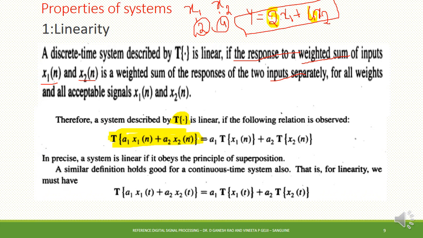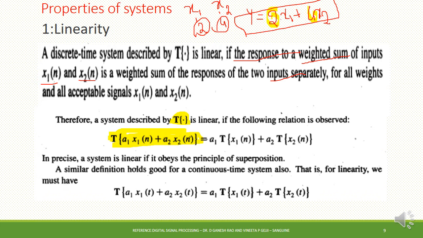For satisfying the linear property, you should write a1 T of x1 of n plus a2 T of x2 of n. That means T is applied separately to these two inputs. Then it is called linearity.